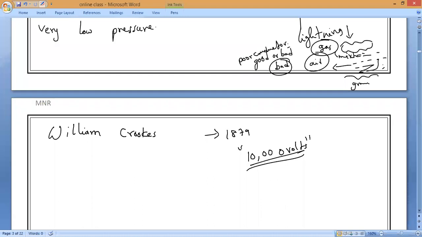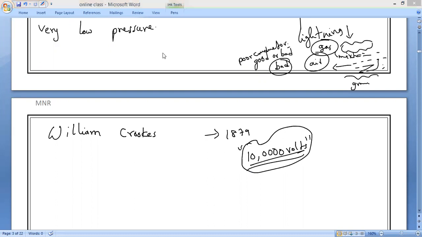So gases are good conductors of electricity at low pressures. When Mr. William Crookes passed electricity across a potential difference of 10,000, not 1,000, 10,000 volts, gases were not conducting like good conductors.